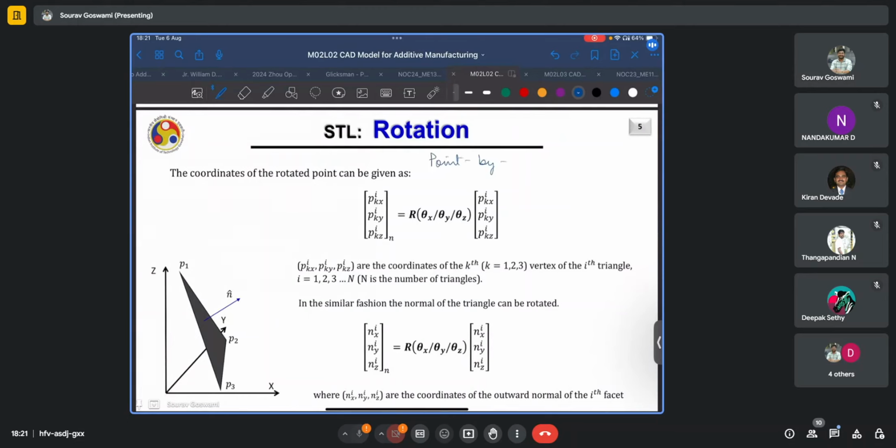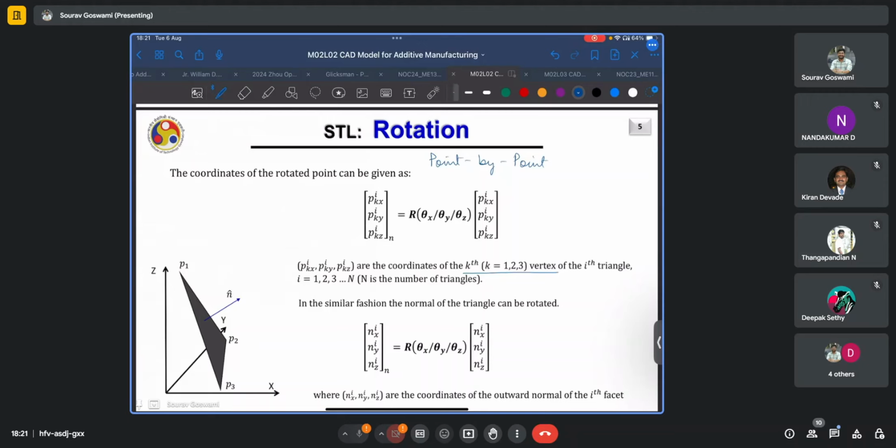So we perform these matrix multiplication operations for each point as shown here. P_kxi, P_kyi, and P_kzi are coordinates of the kth vertex, k being from 1 to 3, of the ith triangle.